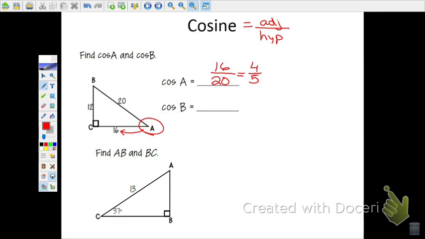Cosine of angle B, adjacent is 12 over hypotenuse, which is equal to 6 over 10, to 3 over 5. By the way, guys, 4 goes in, and we get 3/5. So cosine of an angle is adjacent over hypotenuse.